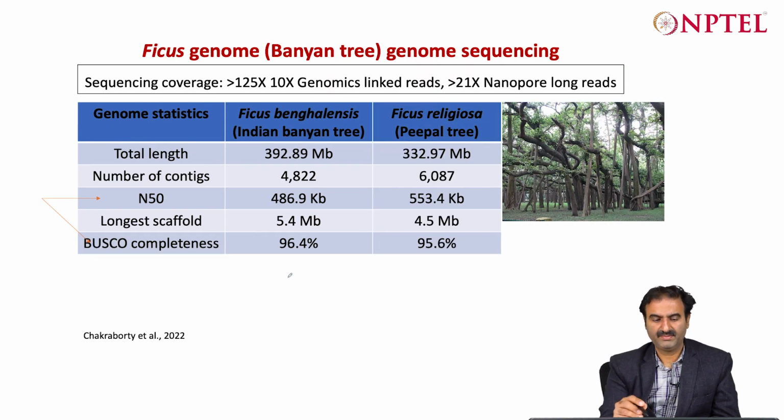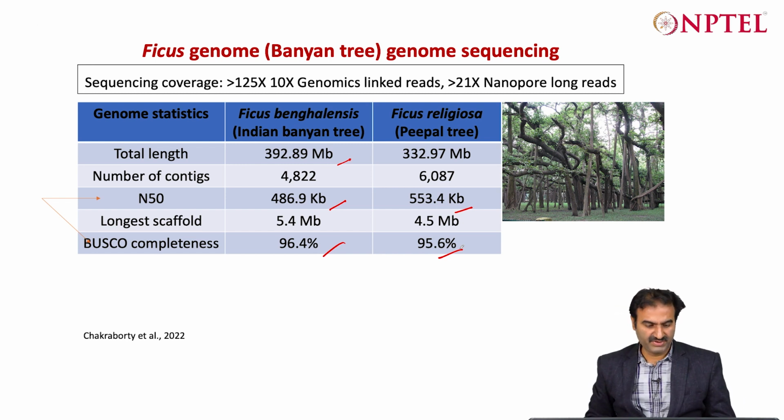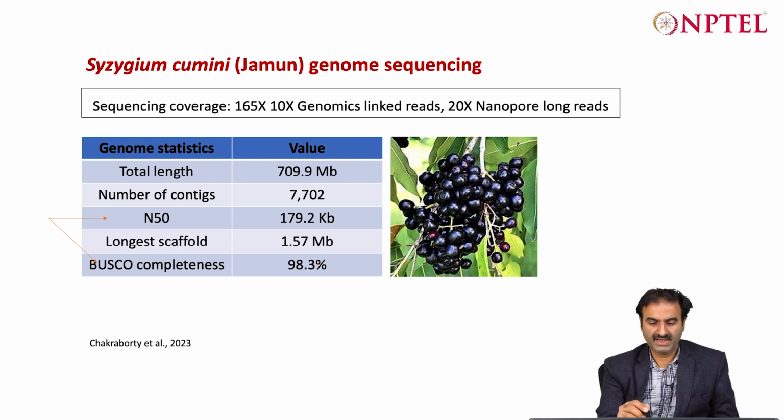Banyan tree, basically it was a small genome, 300 MB, like both banyan tree and peepal tree. They could get an N50 of 500 KB, and the BUSCO score was good, above 95%. That means most of the single copy orthologs they could map to or find in the genome. In case of jamun, the N50 was 179 KB, but BUSCO was 98%.